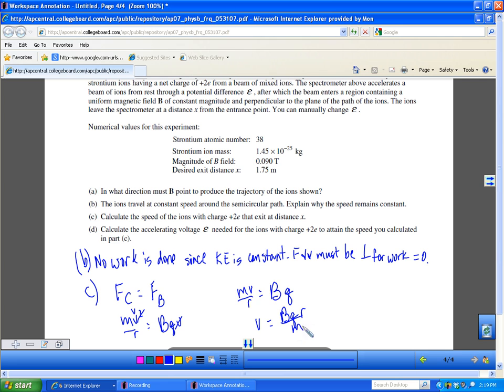Okay, B was given to me as 0.090 Tesla. Q is twice that of an electron, so 2 times 1.6 times 10 to the negative 19 coulombs. Now the r, be careful, the radius is not x, r is half of that. 0.875 meters.